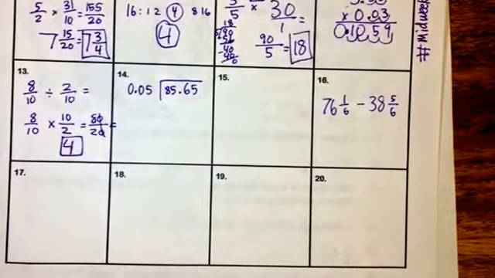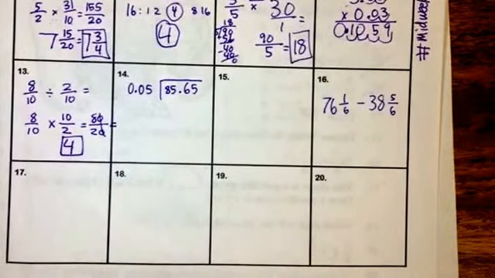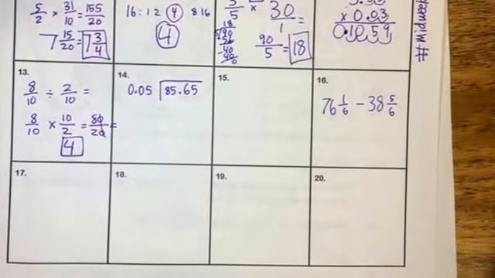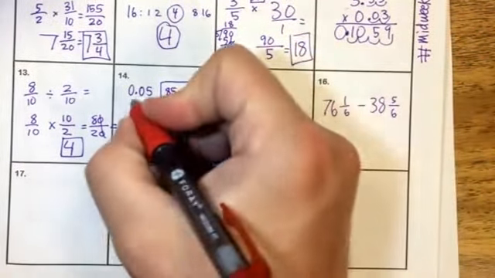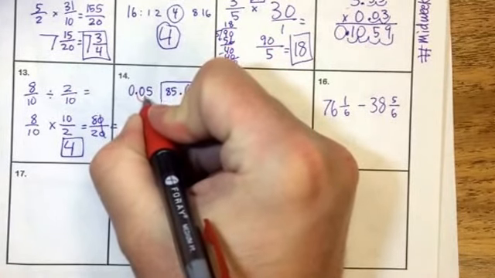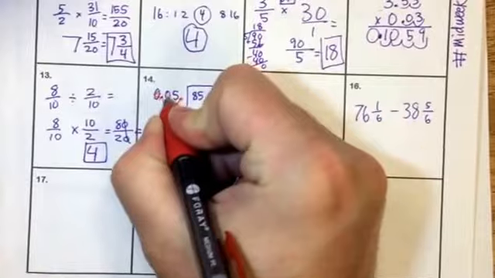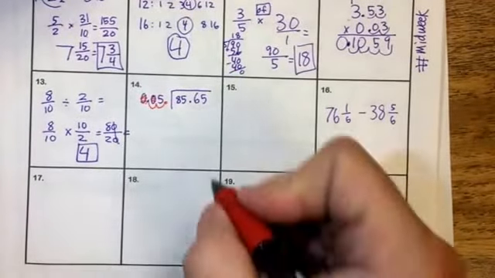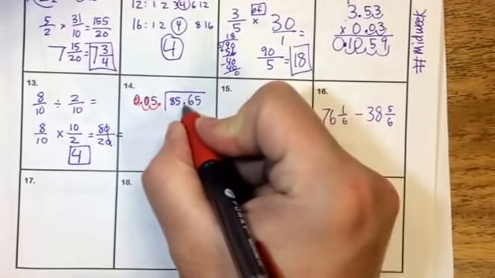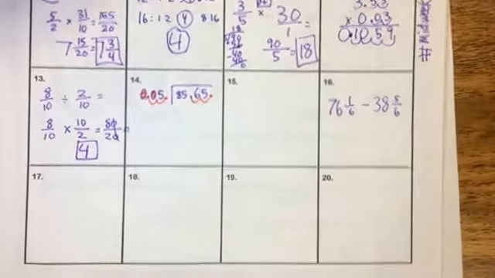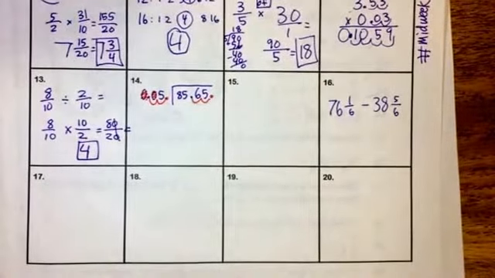I cannot divide this decimal as is, because you cannot divide with decimals on the outside of your division box. So I must move it over 2 places, and now this is just 5, and whatever I do on the outside I must do on the inside as well. Move that over 2 places, and now this is 8,565.